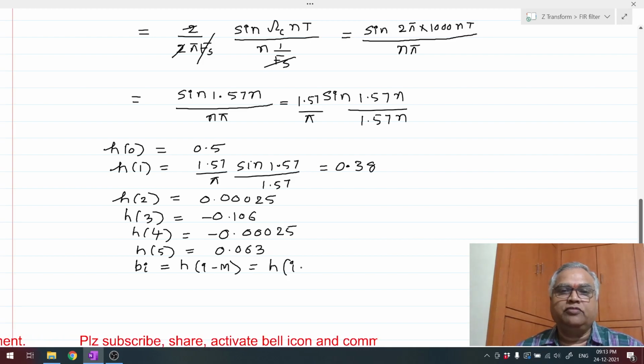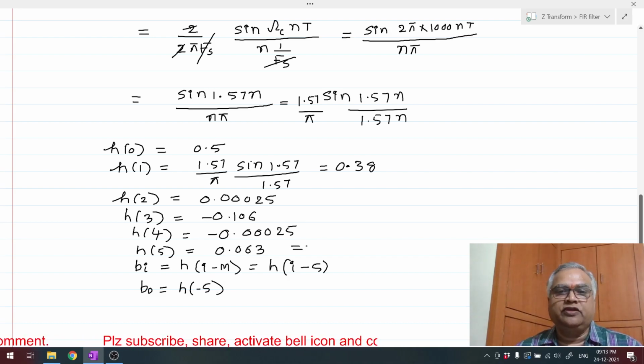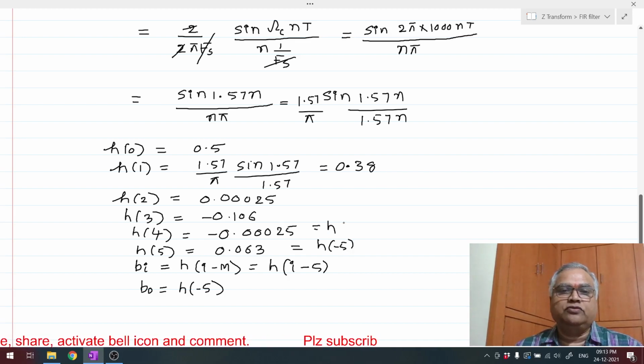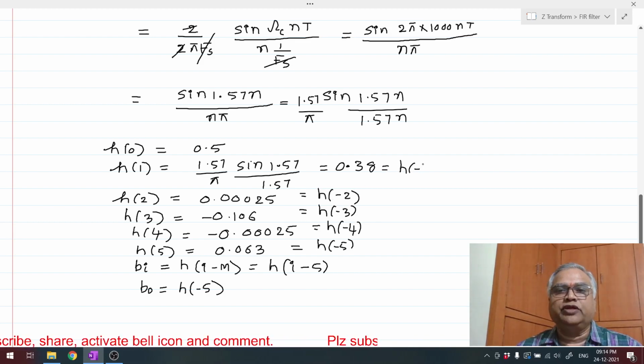So h of i minus 5, you have to find all these values. b0 is h of minus 5, b1 is h of minus 4, and so on up to h of minus 1. So what is the b0 value? h of minus 5, which is equal to 0.06.